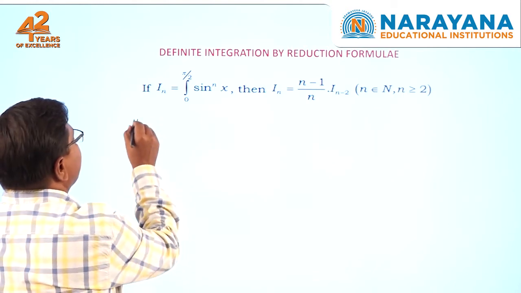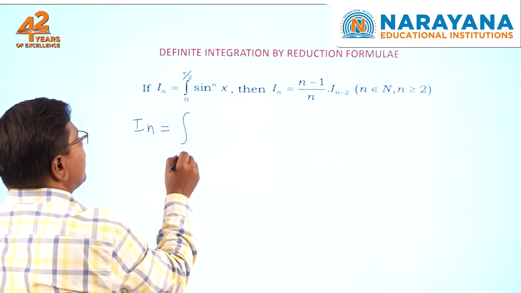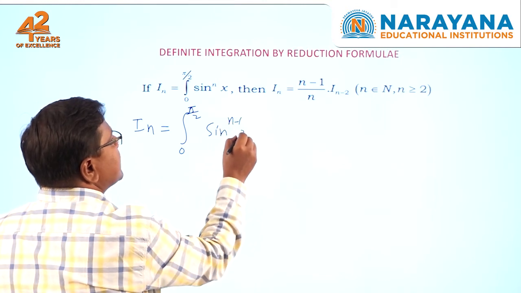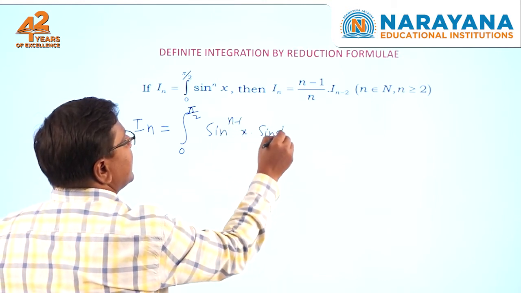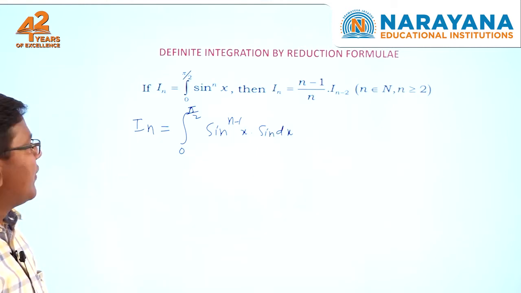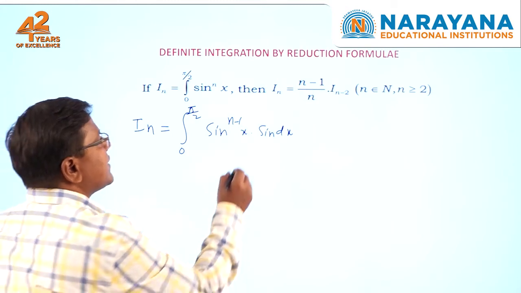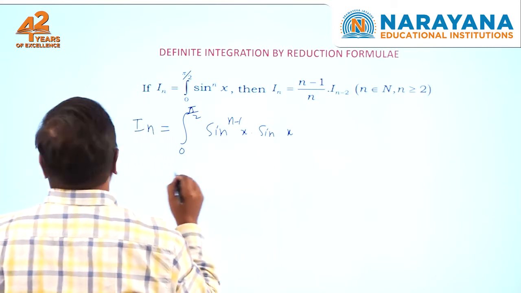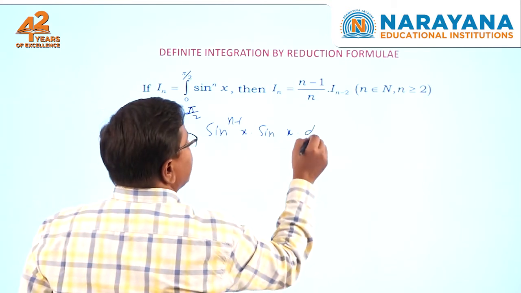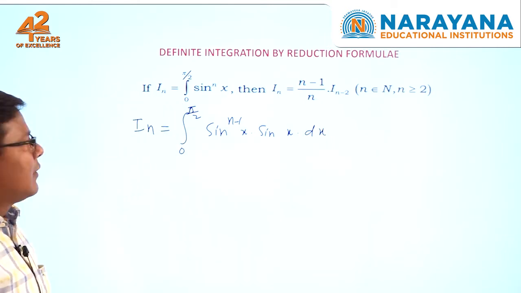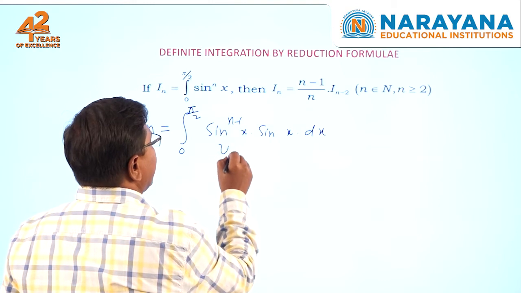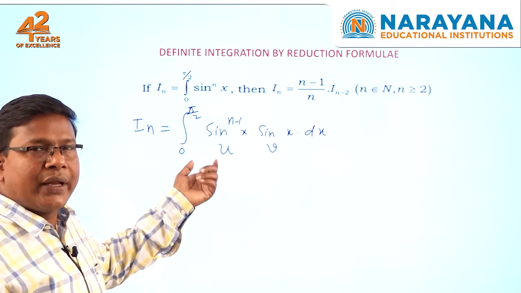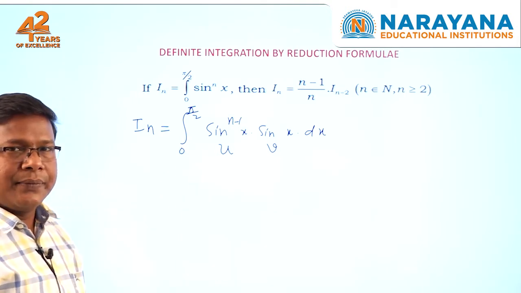I n is equal to integration from 0 to pi by 2 of sin power n minus 1 x into sin x dx. We are rewriting it this way. Let sin power n minus 1 x be u and sin x be v.